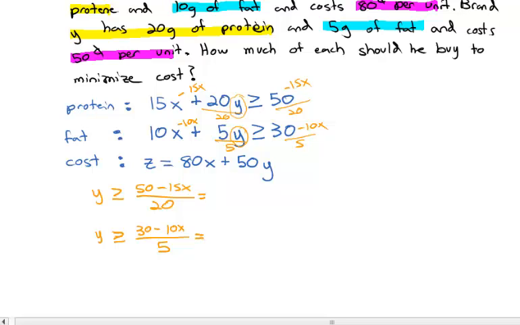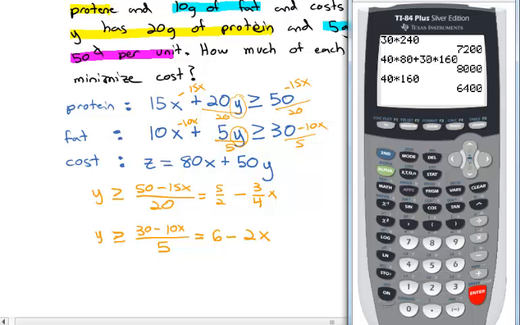And just to make it easier to type in our calculator, we'll go ahead and divide each part by 20 and by 5. So 50 divided by 20 is 5 halves minus negative 15 over 20. We can reduce that by dividing by 5, gives us 3/4 x. The other inequality, 30 divided by 5 is 6, minus 10 divided by 5 is 2x.